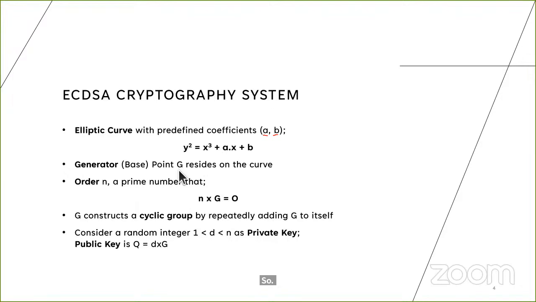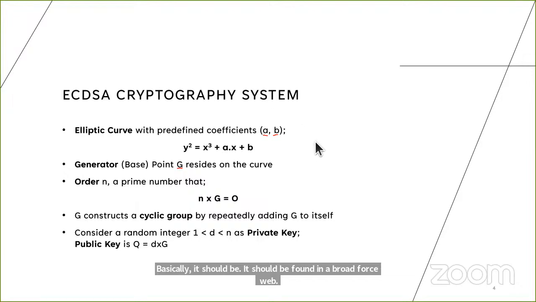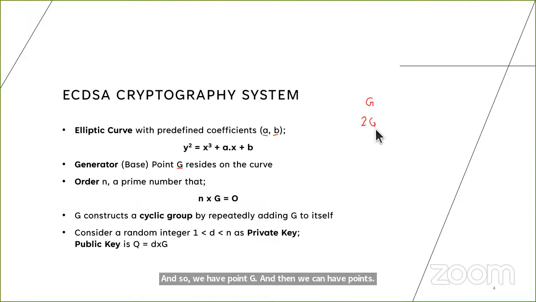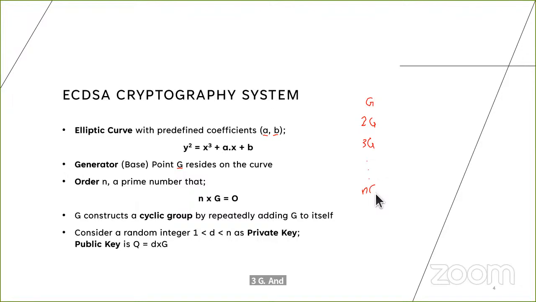Basically it should be found in a brute force way. So we have point G, and then we can have point 2G and point 3G. And finally, we reach point nG, which is infinity. So 1, 2, 3, and n.